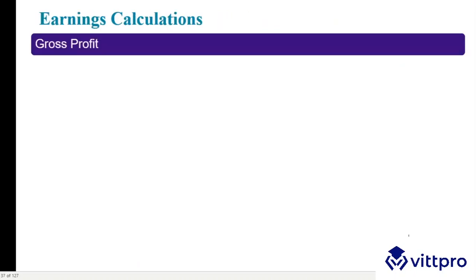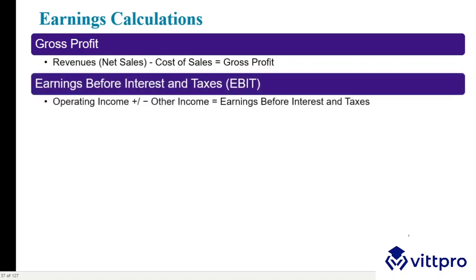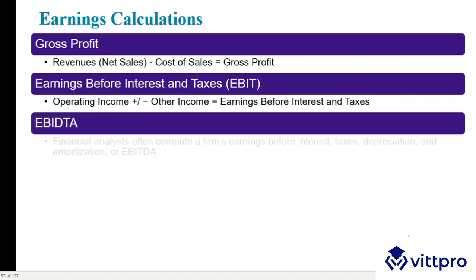Okay, so normally the profit calculations are done like this. The gross profit is calculated by revenue minus cost of sales. From the gross profit, we get earnings before interest and taxes, so we have to subtract the operating expenses and add other income. So that becomes our EBIT.